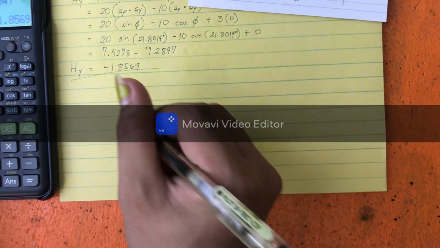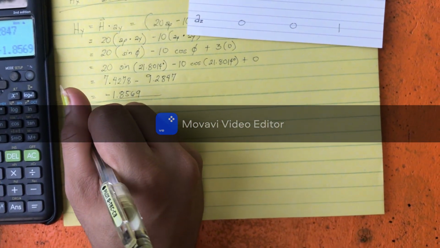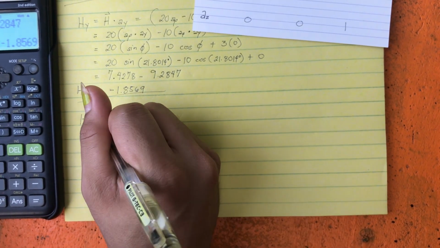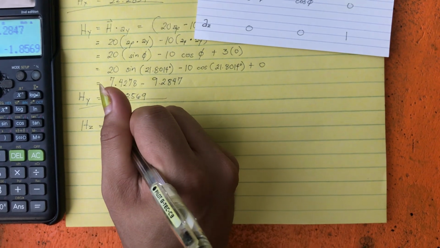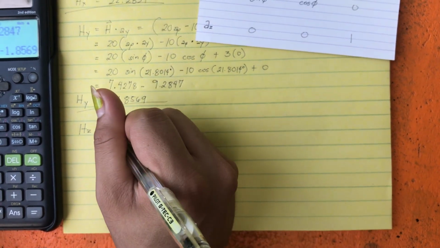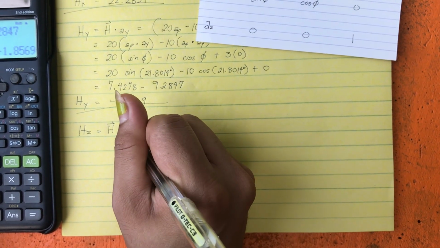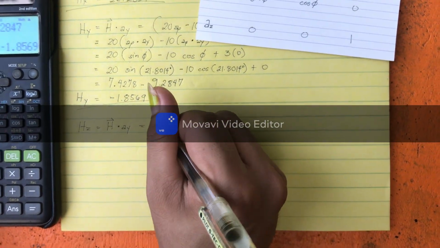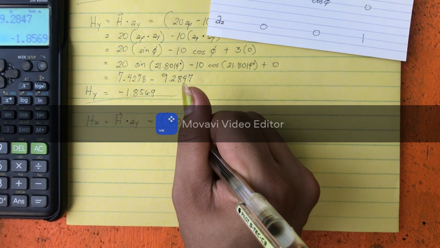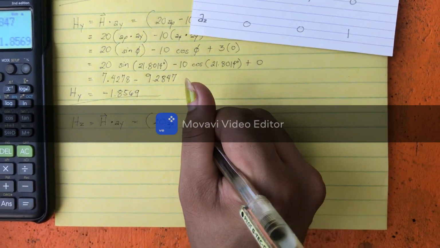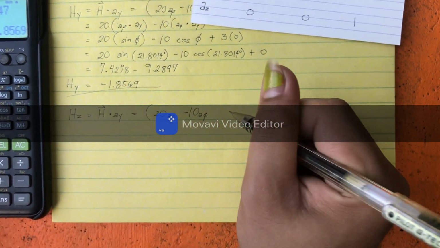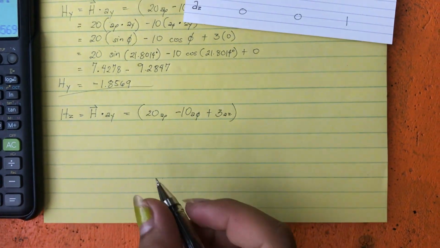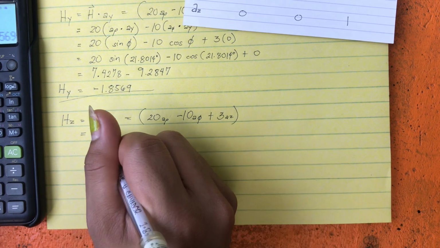So now we will find the z component of vector H, which is equal to vector H dotted by a sub z, where vector H is 20 a sub rho minus 10 a sub phi plus 3 a sub z dotted by a sub z.